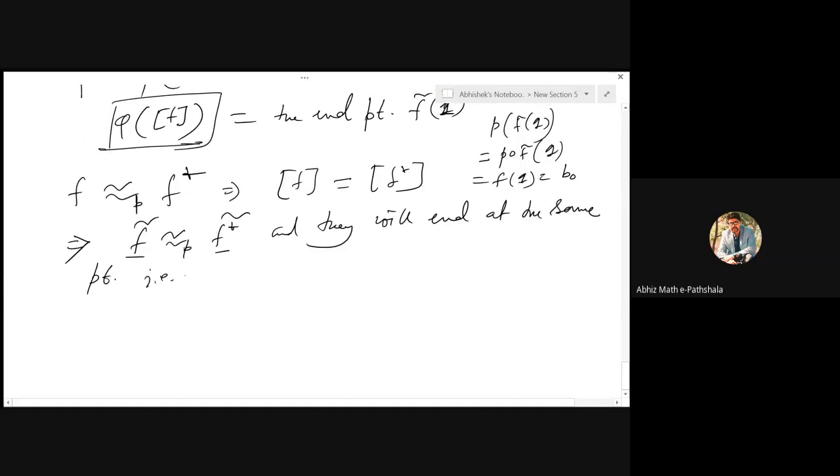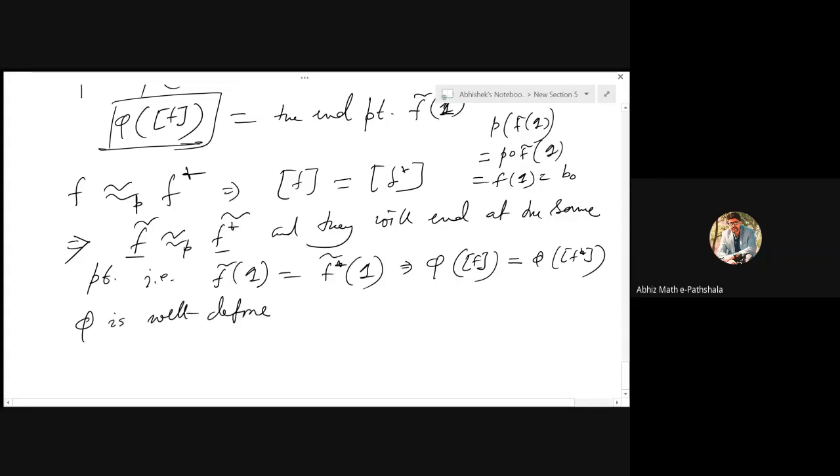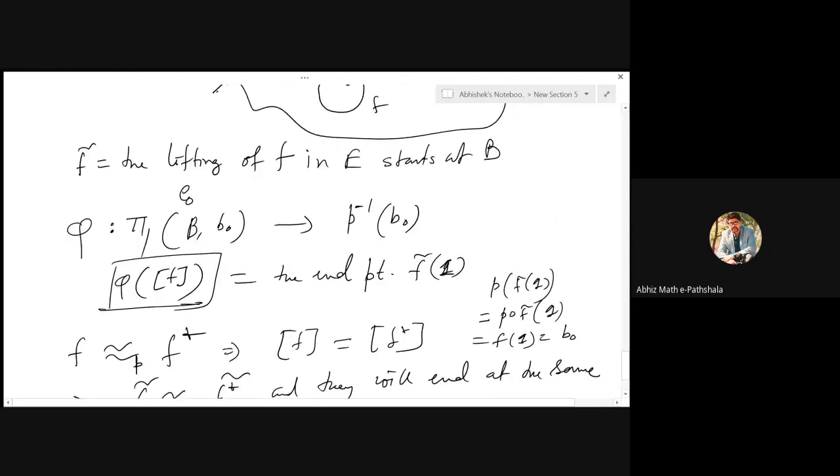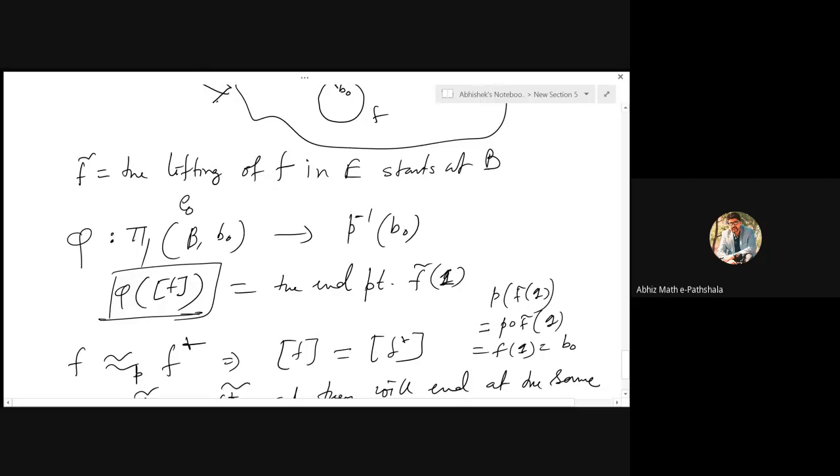That means your F tilde of 1 is going to be F star tilde of 1, which gives you the property that phi is well defined. Fine. So you have defined a map from the fundamental group of B based at B naught into the set P inverse B naught, which is a discrete space in E, right?